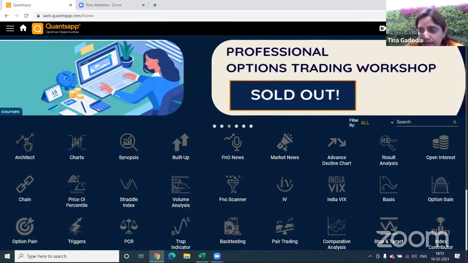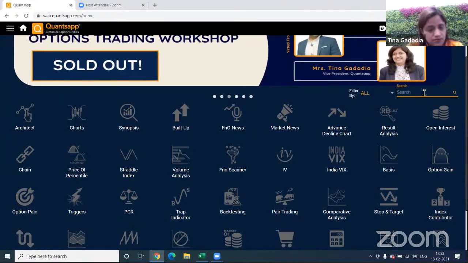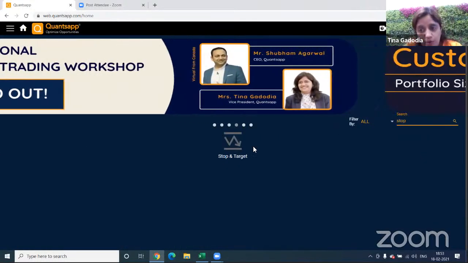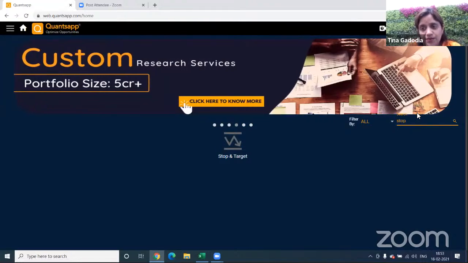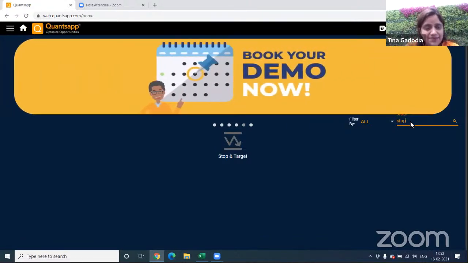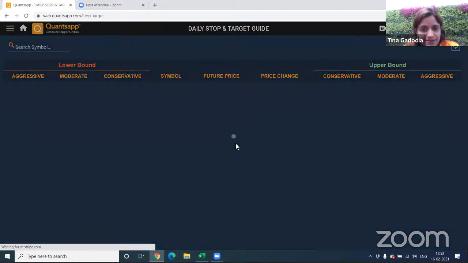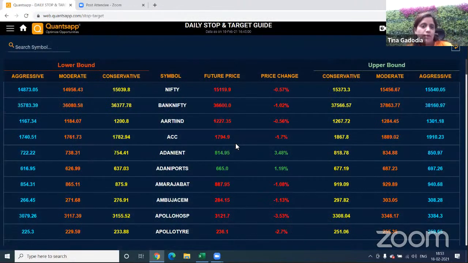Now, for the intraday thing, I can also say stop and target. I know too many products at times become difficult to look at. So use the search one to get your tools. So you have the stop and target. Now, basically, we need to respect the option data, right?